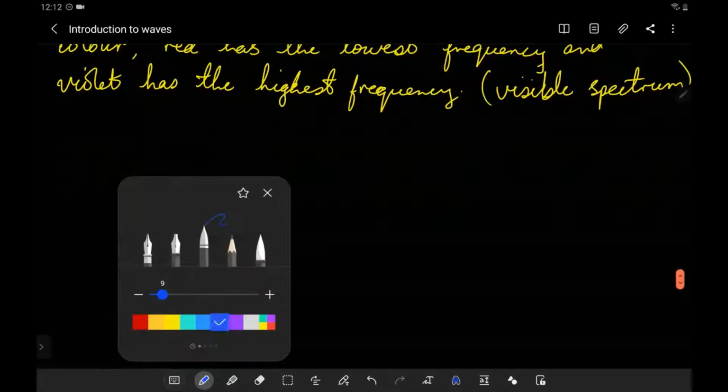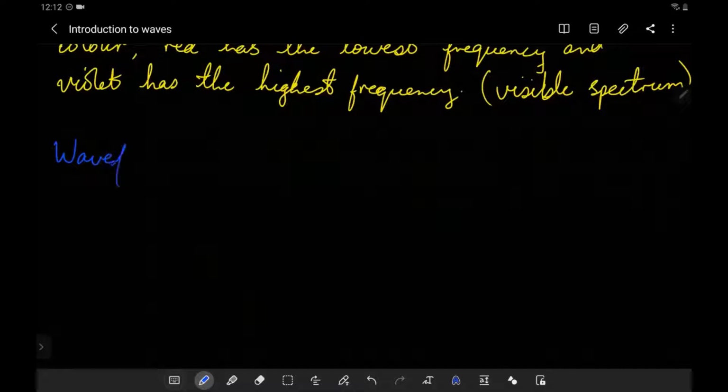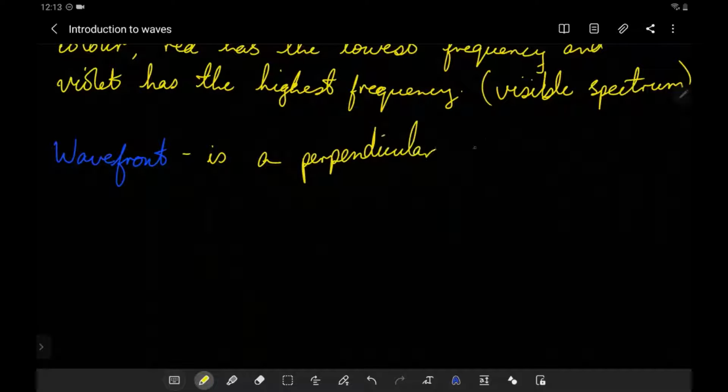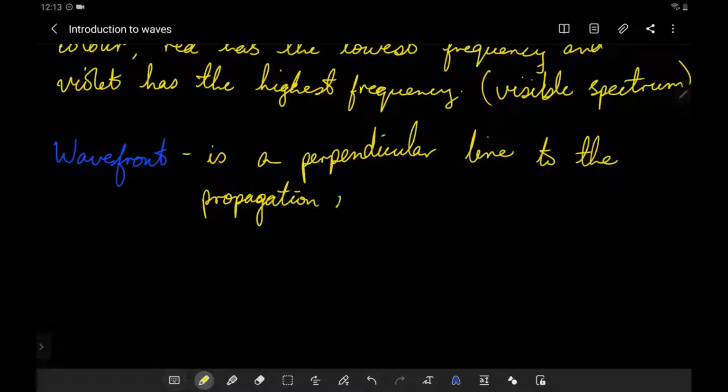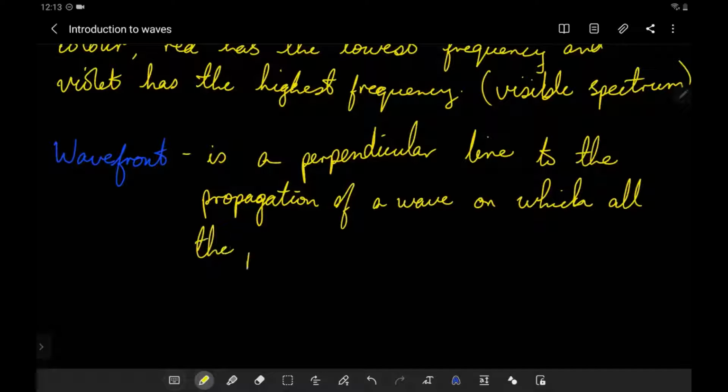Yeah, so a wavefront is a perpendicular line to the propagation of a wave on which all the points are in phase.